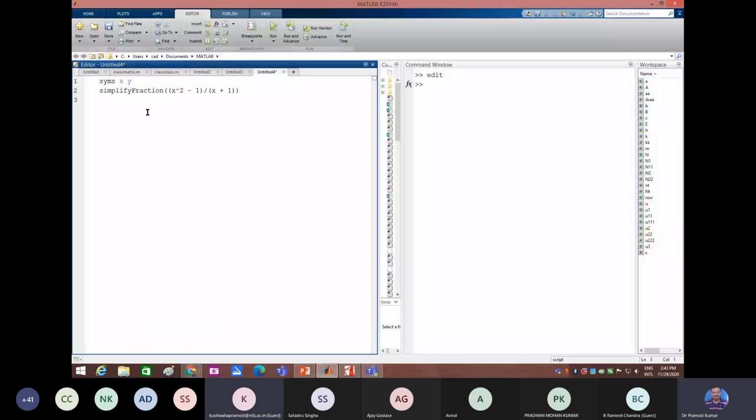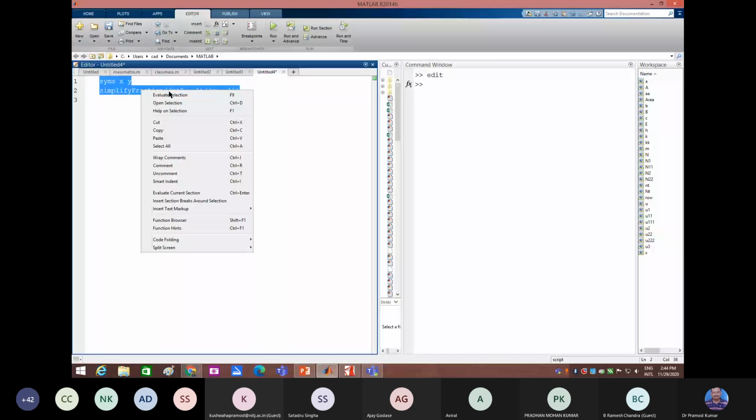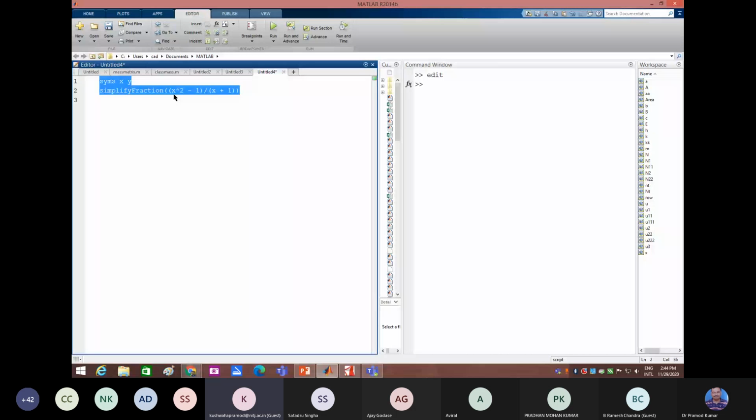Simplify fraction. x square minus x and x plus 1. If you run this one, what should be the answer? x minus 1. That should be the answer. You see, the answer will come in the command window here. Simplify fraction.